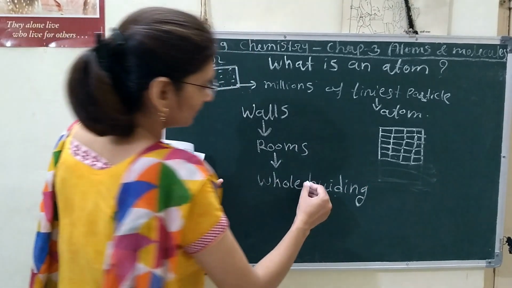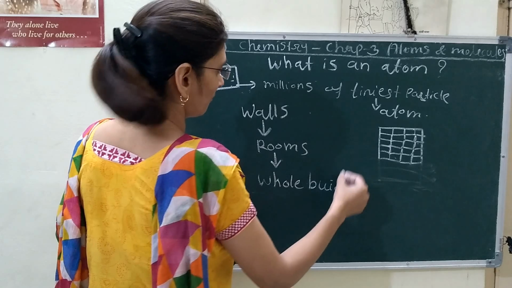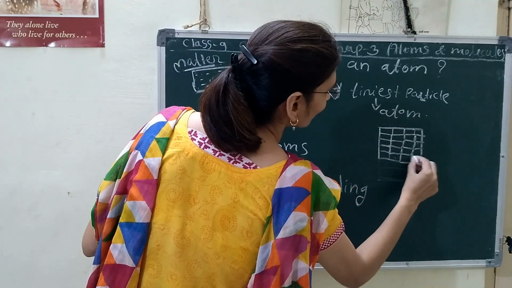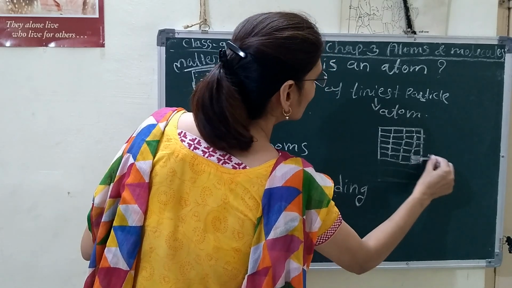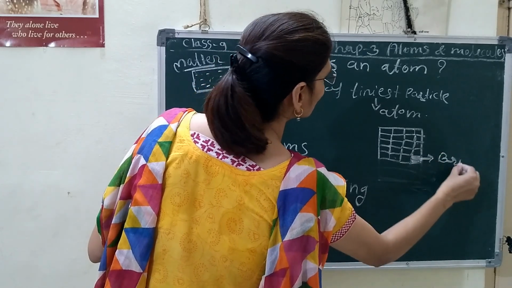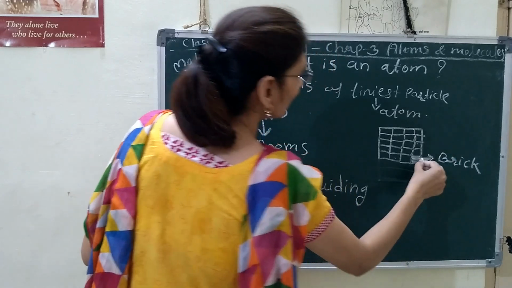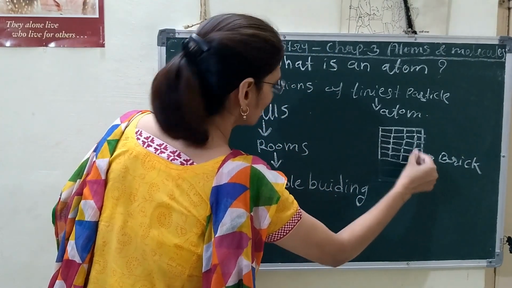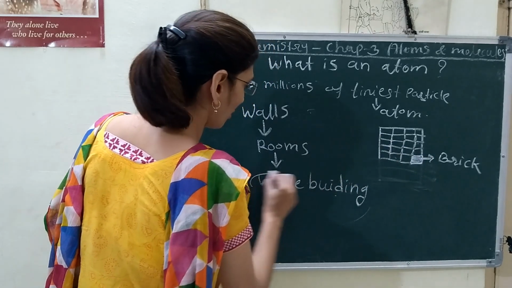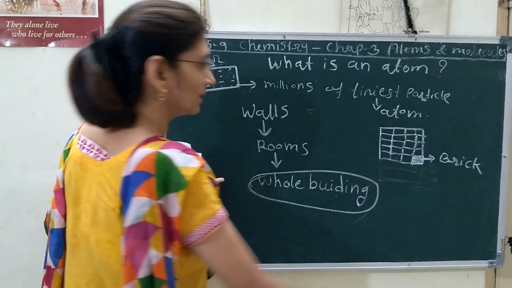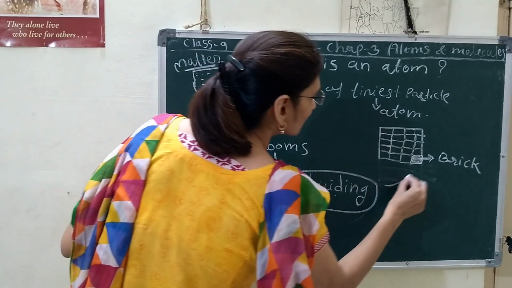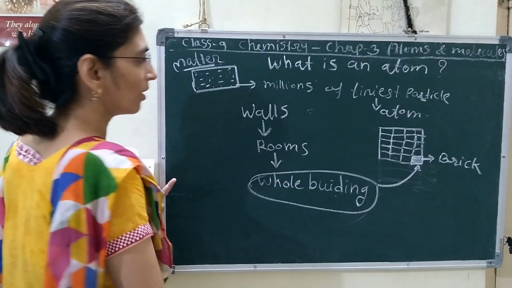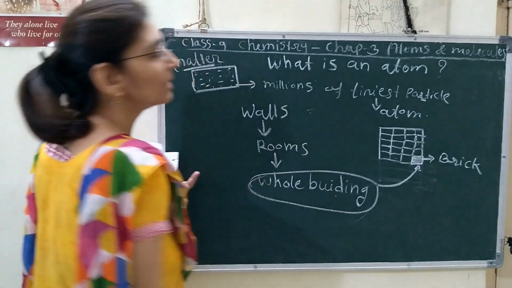And this whole building is made up of wall, and this wall is made up of one basic element, that is brick. So here we can say this brick is the building block of this whole building.